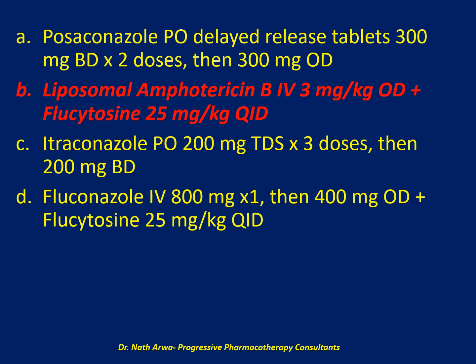The treatment of choice for patients diagnosed with cryptococcal meningitis from that list is liposomal amphotericin B in combination with flucytosine. I'd just like to add that fluconazole can be recommended, although not preferred therapy, and the recommended dose, in my opinion, is 1,200 milligrams over 24 hours given with flucytosine. So that dose of 800 would be an underdose.